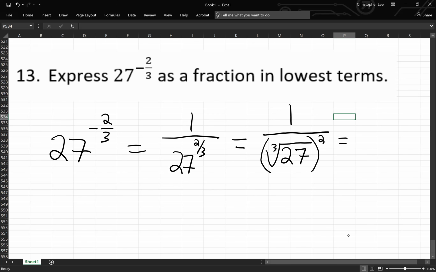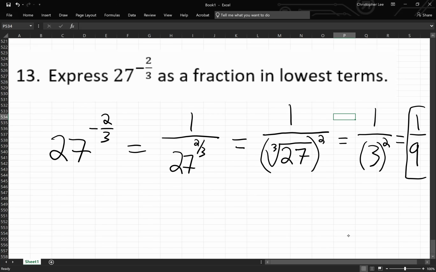Remember, cube root means if it was 9, it would be 9 times 9 times 9. So what number multiplied by itself 3 times gives you 27? 3, right? So this is just 1 over 3 squared. And what's 3 squared? So it's 1/9, and that's my answer.